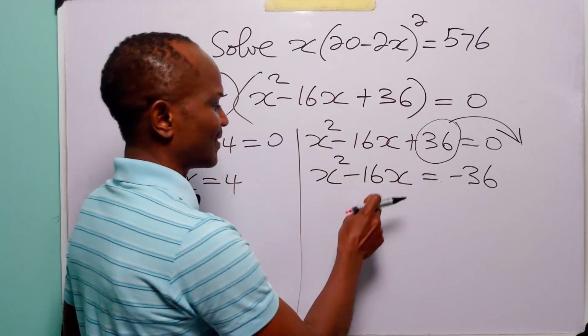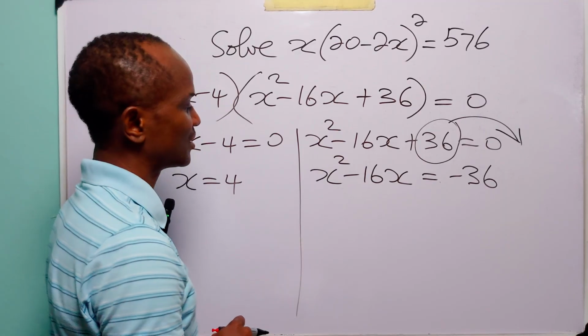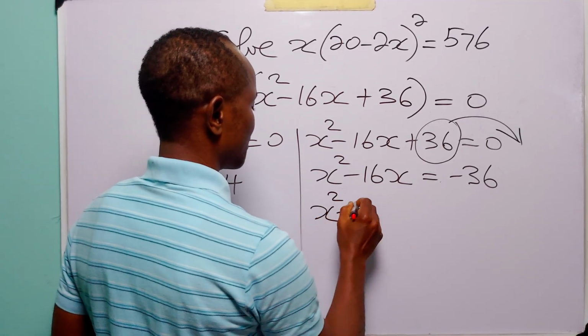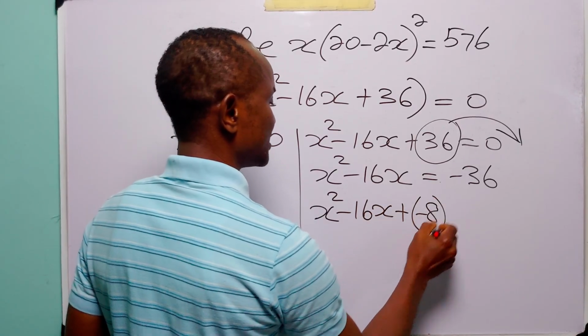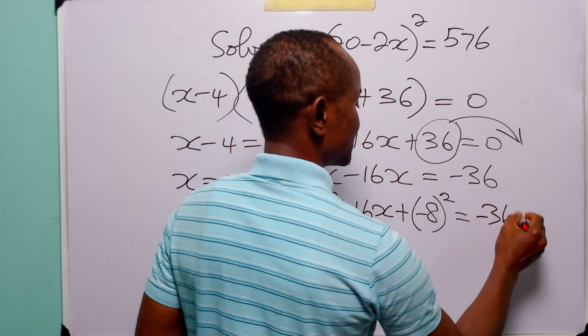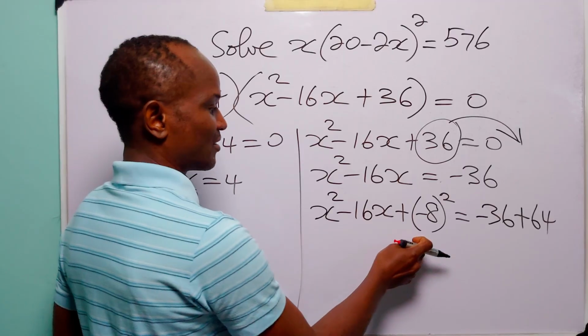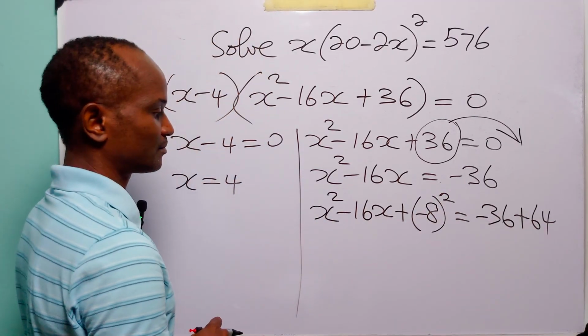So we are going to add that to both the right-hand side and the left-hand side of this equation. So on the left-hand side, we have x squared minus 16x plus minus 8 squared. And this is equal to minus 36 plus 64, because minus 8 squared is equal to 64.